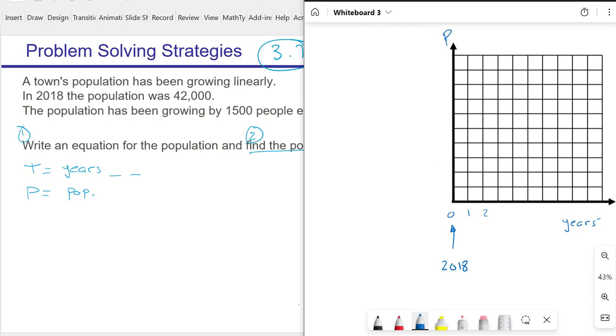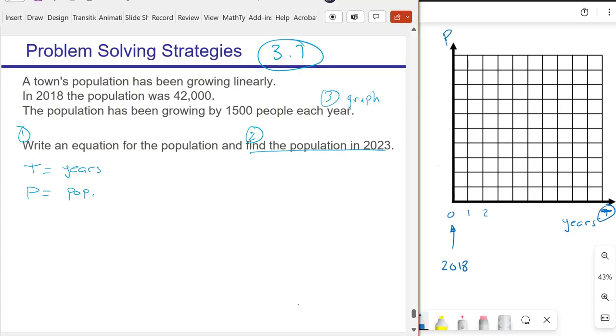Now, how do we say that then? So this is the t-axis. And so we're going to say t is not years. Let's come over here and define it better. T is years after 2018. So those two extra words really changed the story for us a lot.